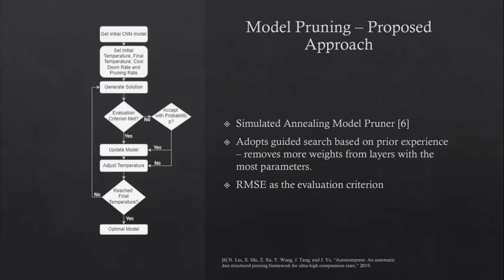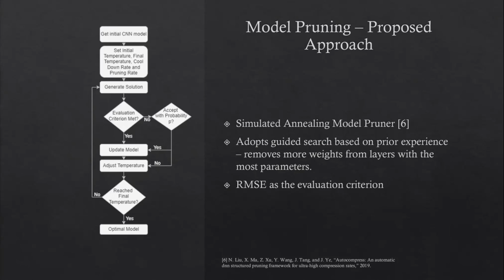So the main focus of this paper is the model pruning. So what did we do? We used a simulated annealing model pruner, which was developed by you 3 years ago, because metaheuristics have shown great results finding optimal solutions for a general task. It uses a general simulated annealing metaheuristic approach, which basically sets an initial temperature, a final temperature, and a cool down rate, and generates a solution to see if the evaluation metrics are met.